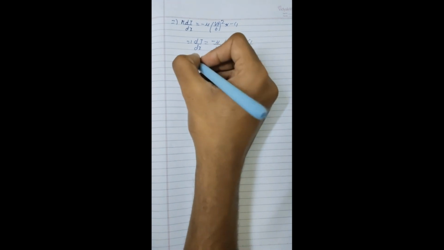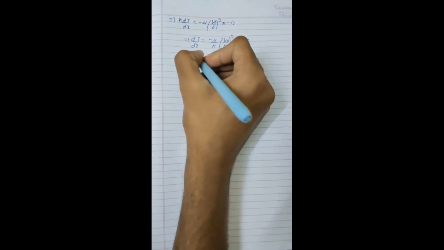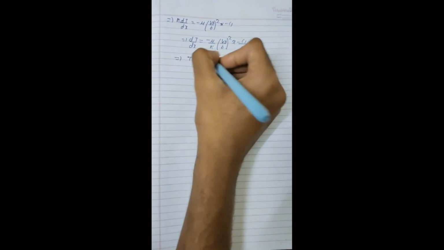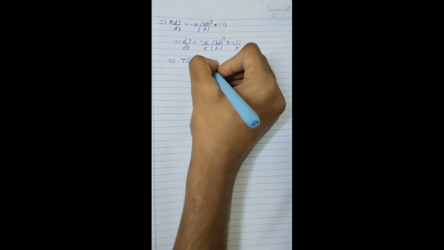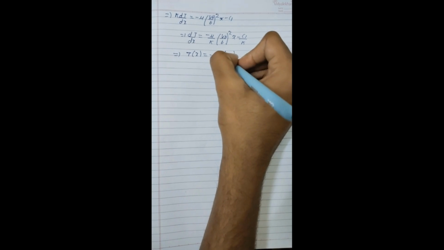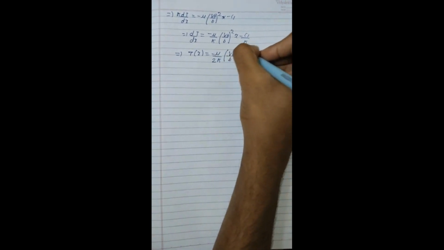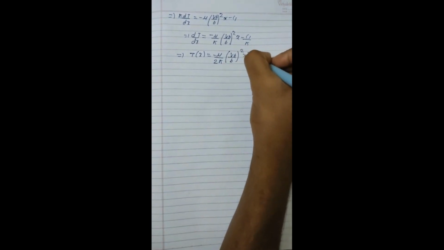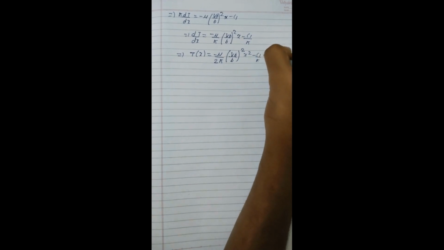Now if we were to integrate this, we will get a temperature profile. T(x) is equal to minus mu, obviously this is going to be 2k, (Vb upon b) square x square minus C1 by k into x plus C2.